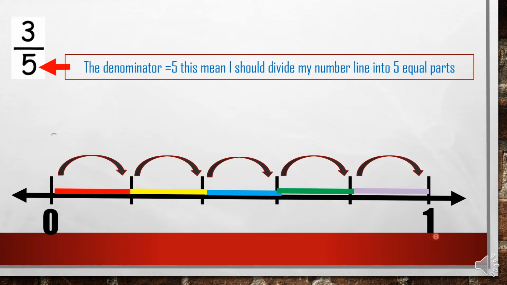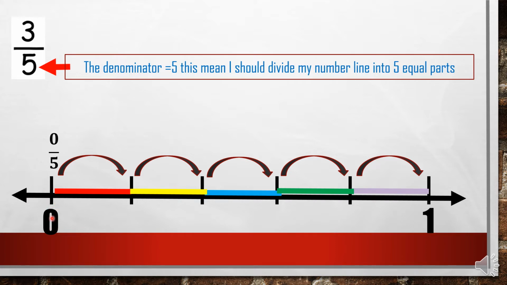Now I want to know where each fraction will be, or what the name of each part is, between 0 and 1 if I have 5 equal parts. Let's start with the first point.